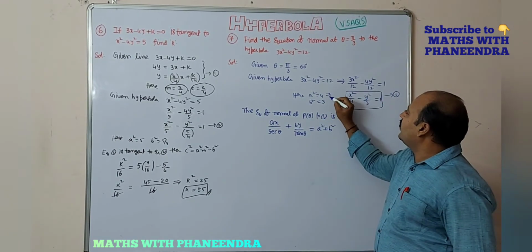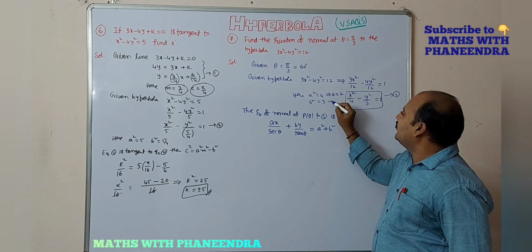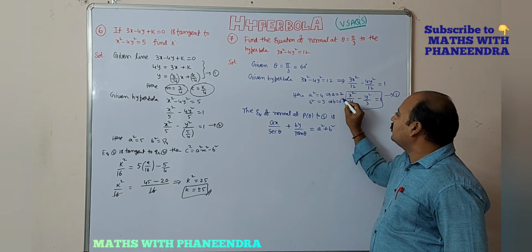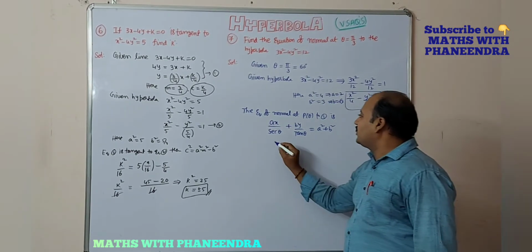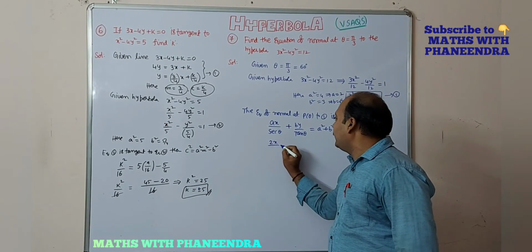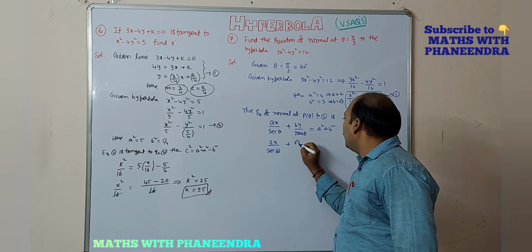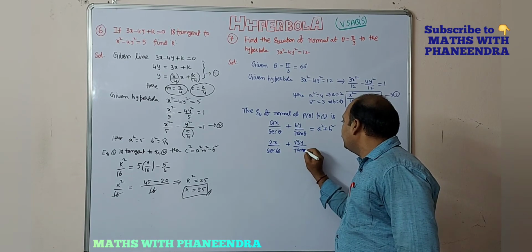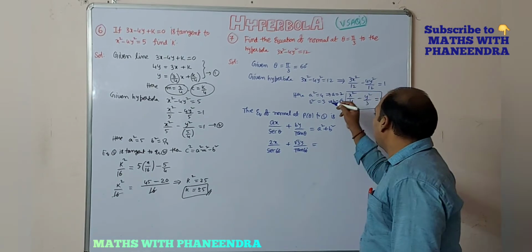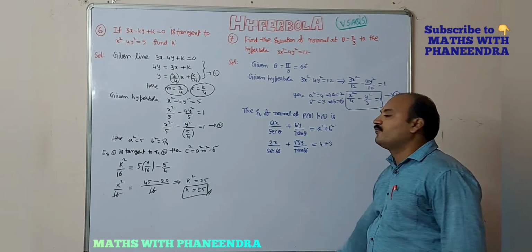So a square equal to 4 means a is equal to 2, b square equal to 3 means b is equal to root 3. Substitute the respective values: 2x by secant 60 plus root 3 into y by tan 60 is equal to a square plus b square, 4 plus 3.